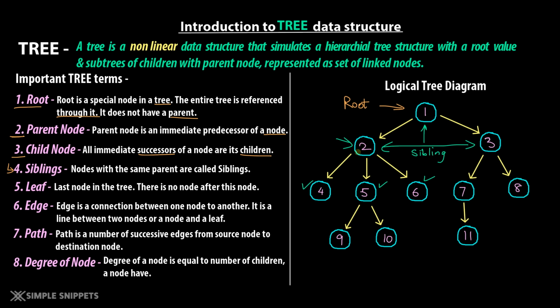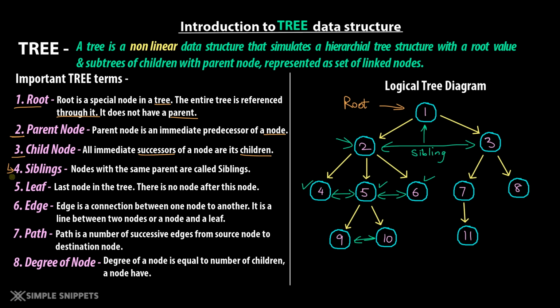That is, node 2 is directly linked to node 4, node 5 and node 6. So this makes node 4, 5 and 6 all siblings, as well as child nodes of node 2. If you go one level below, again, node 9 and 10 are siblings because their immediate predecessor is node 5, which is their parent, which makes 9 and 10 children of 5. Make sense? Alright. So siblings is done.